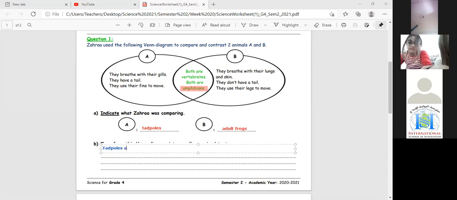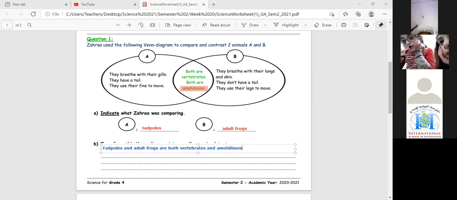Okay. Tadpoles and adult frogs. They're both vertebrates and they're both amphibians. Are both vertebrates and amphibians.